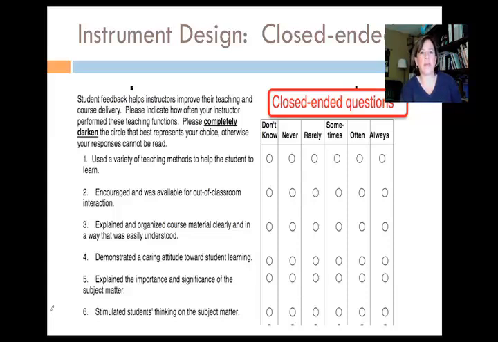You give them the response categories that you want them to choose from. So examples of closed-ended questions include multiple choice, true-false type questions, and rating scales.